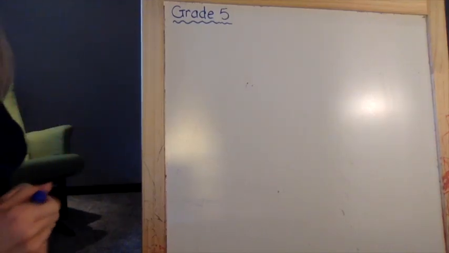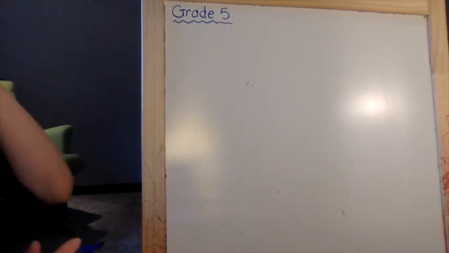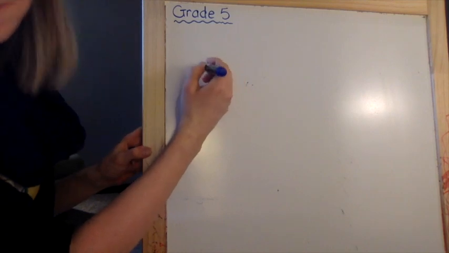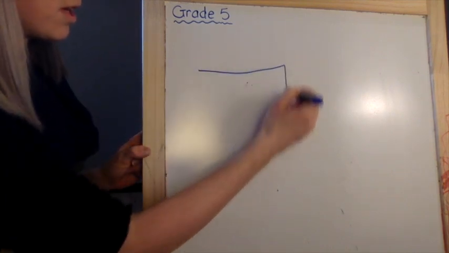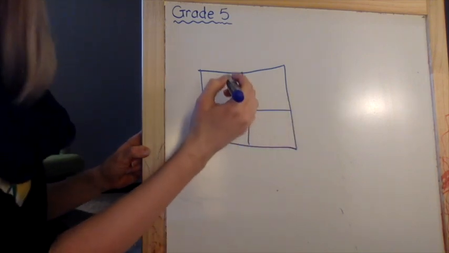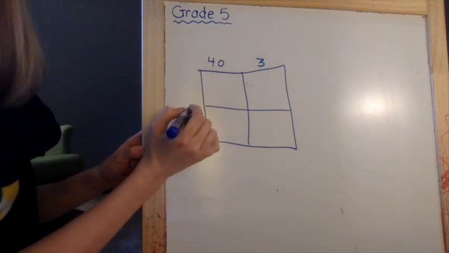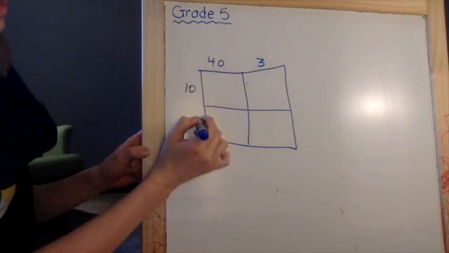Okay, so now we're going to do our multiplication. I am going to use a few different strategies for these. The first one, 43 times 19, I'm going to use box window. So, draw my box window, 43 times 19.